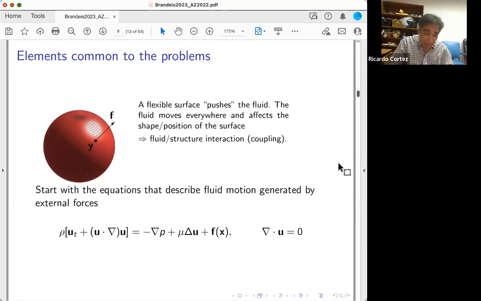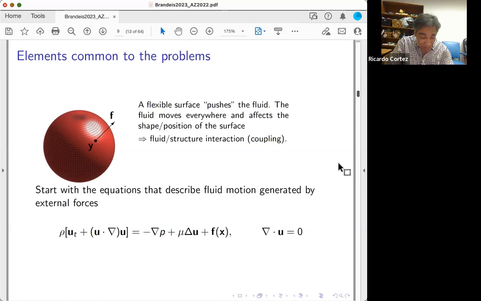But let me talk about some of the elements that are common to most of these problems. In general, we can think of this as some kind of flexible surface, or a curve, depending on how you're modeling things, that pushes the fluid around, and then the fluid moves and affects the shape of the organism, which develops new forces, and that couples the two.